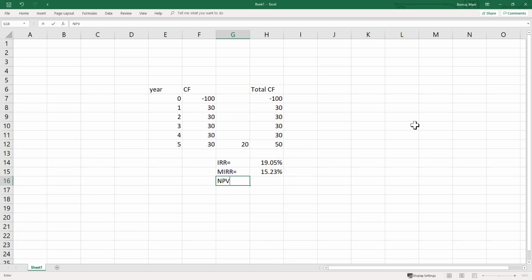And then our NPV is equal to the sum of the initial investment plus the present value at 10% of these cash flows.